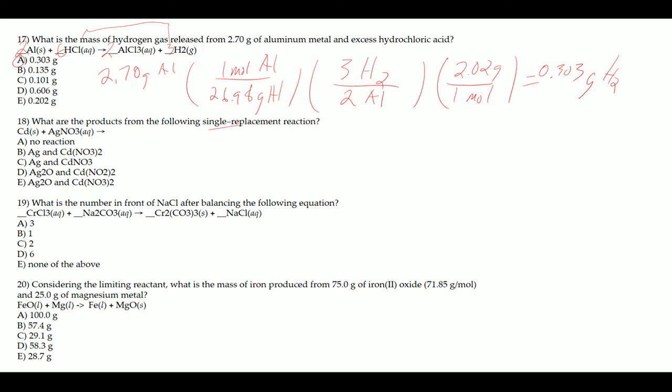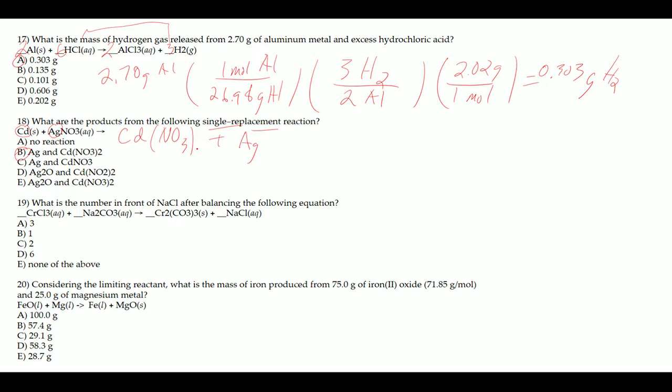18, what are the products of single replacement? So you test and see, does cadmium come before silver in the activity series? If it does, then it'll react and replace the silver. Okay, indeed it does. It should be B here because cadmium is going to come in and get with NO3. And the silver is going to get kicked out.